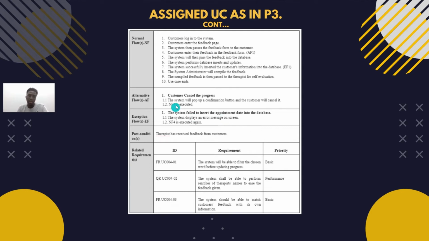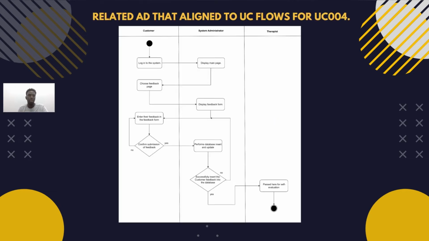And then we have the alternative flow. The system will pop up a confirmation button and the customer will cancel, M4 is executed. If the system fails, the system will display an error message on the screen, and M4 is executed again.